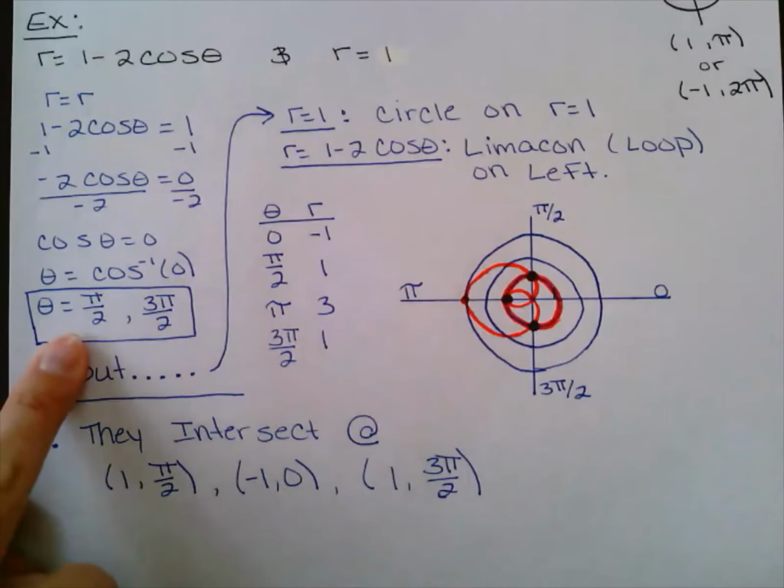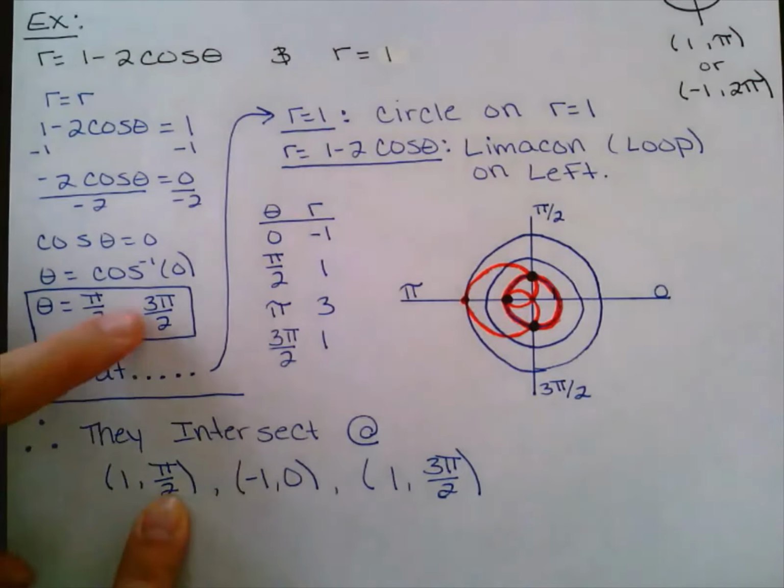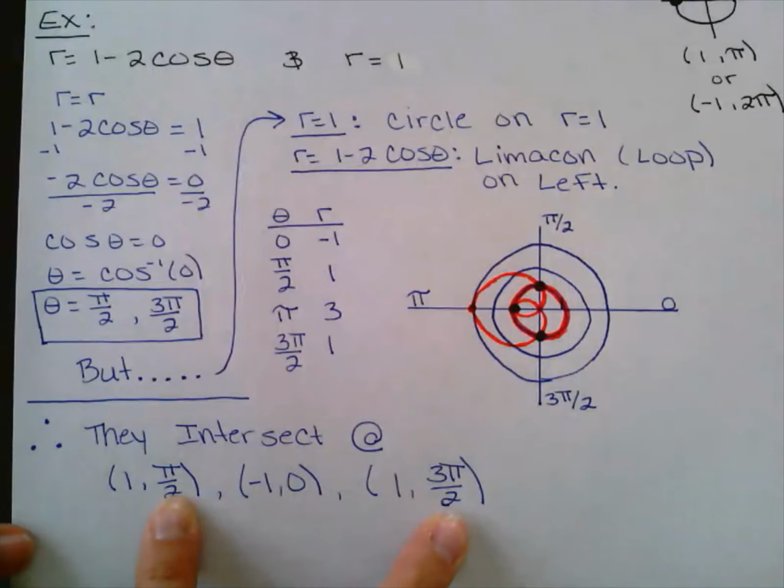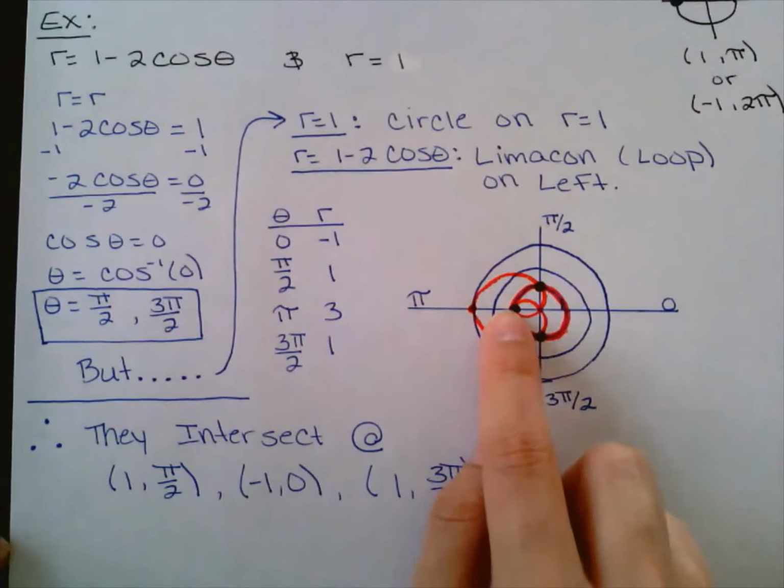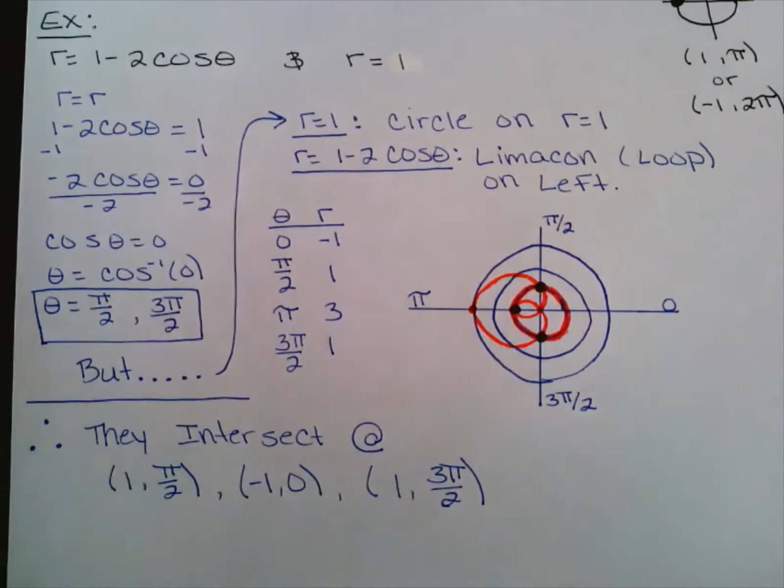So instead of pi over 2 and 3 pi over 2 being the only points of intersection, I actually had a third one at 0 that went out to -1, okay? So yes, you are going to be setting it equal to each other to find those values, but the graph is going to give you that other piece of information that you might be missing.